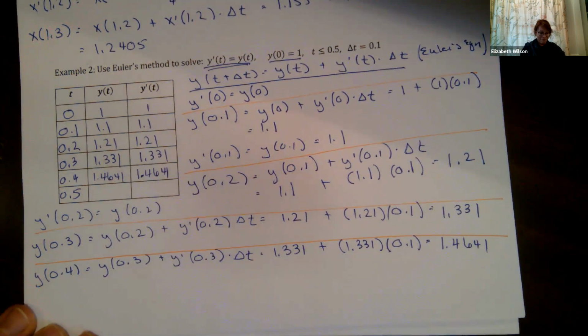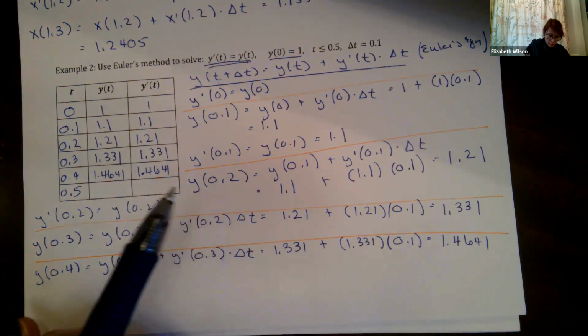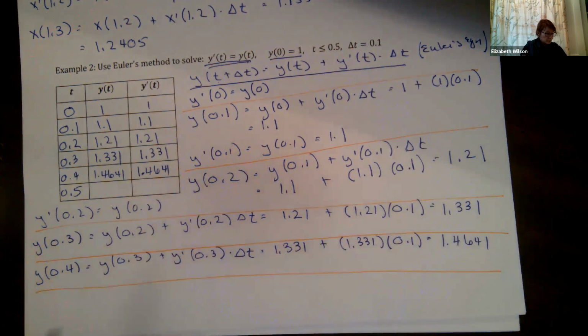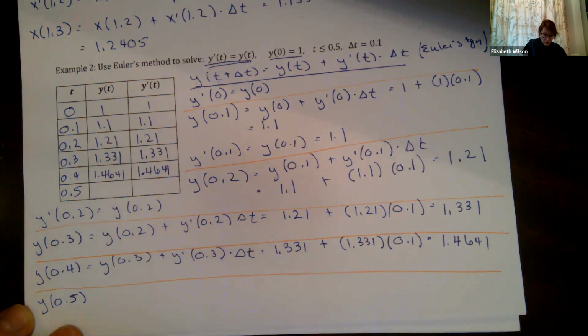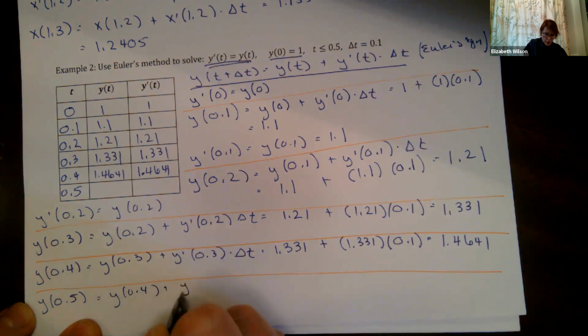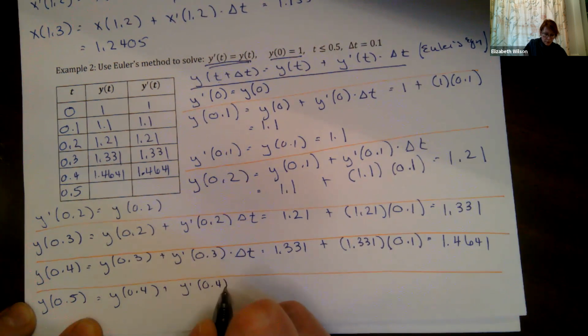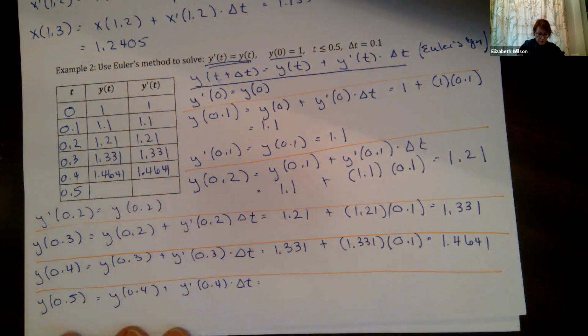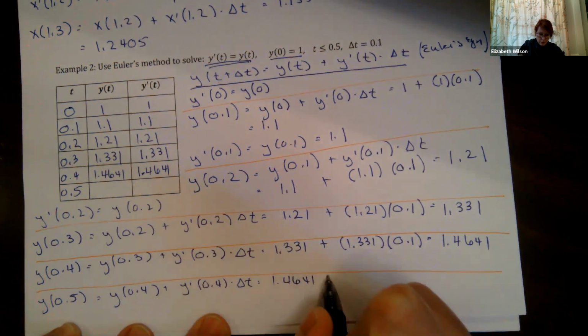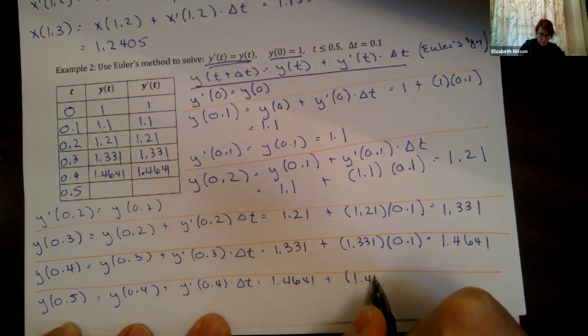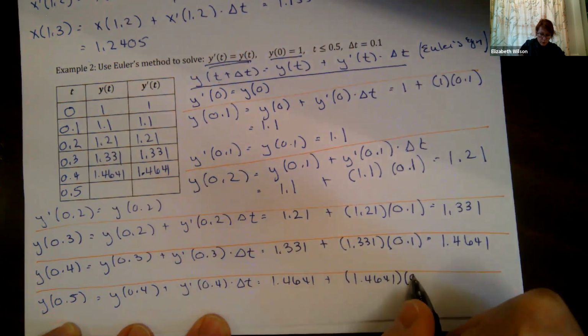Okay. Our last one, y of 0.5, because that's our last one. So we want y of 0.4 plus y prime of 0.4 times delta t. Let's plug in what we know: 1.4641 plus 1.4641 times 0.1.